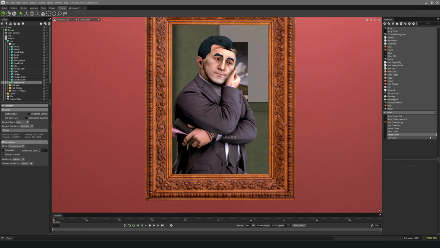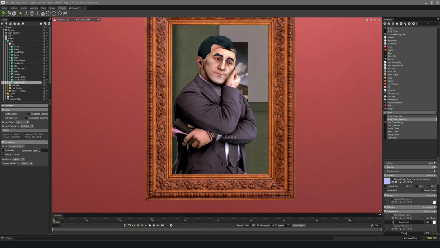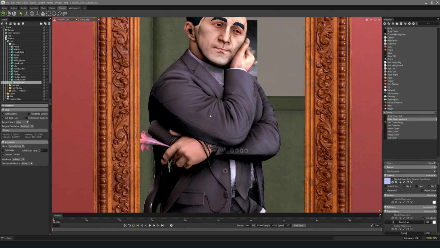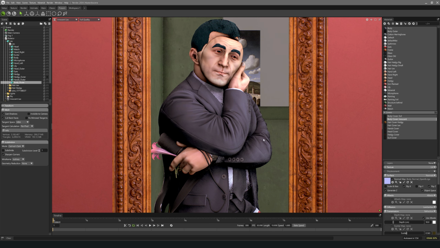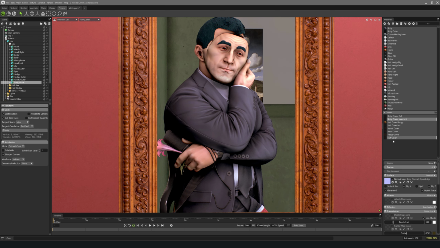But the suit itself has two versions. One of them is just the suit cover, and another one depends on the angle that I am looking at, right? So for example, for the innocent one, if I assign it in here, you can see just how big of a change is taking place compared to, let's say, this one.